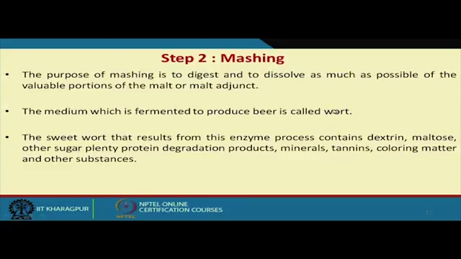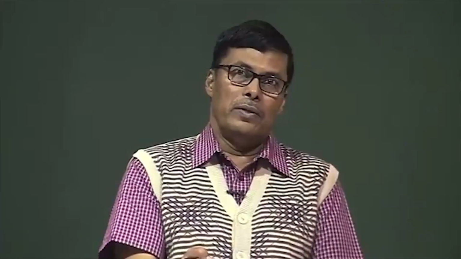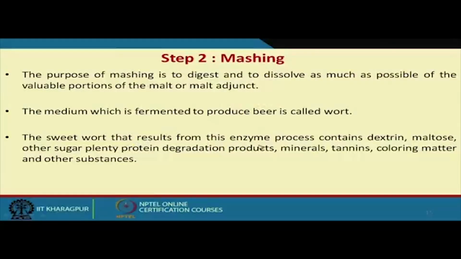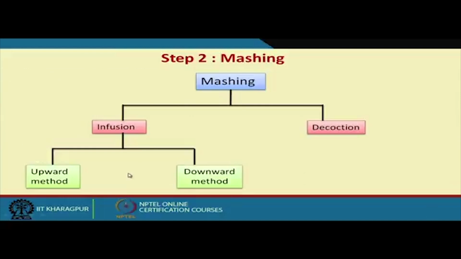If we go to the industry, we will find the wort tank. Wort is nothing but whatever soluble material comes out after the saccharification, because the medium that is suitable for fermentation is called wort. The sweet wort that results from the enzyme process contains dextrin, maltose and other sugars, plenty of protein degraded products, minerals, tannin, coloring matter and other substances.